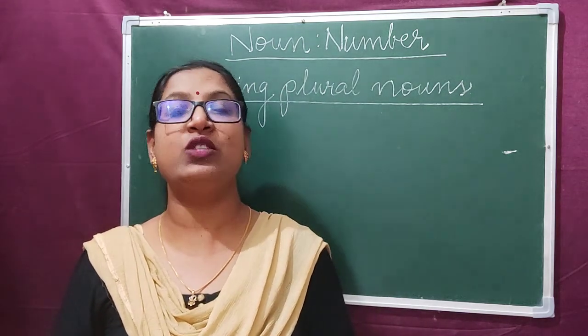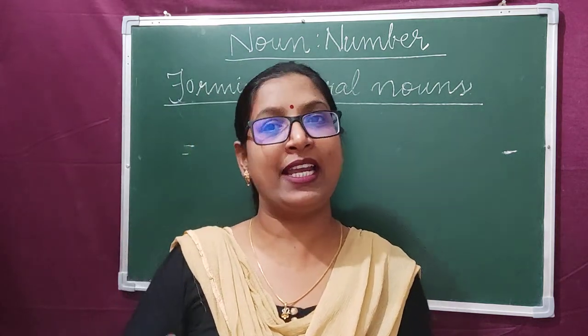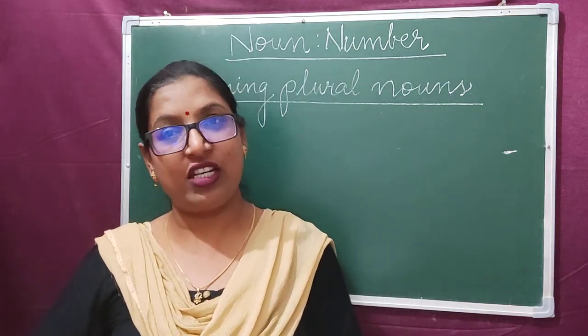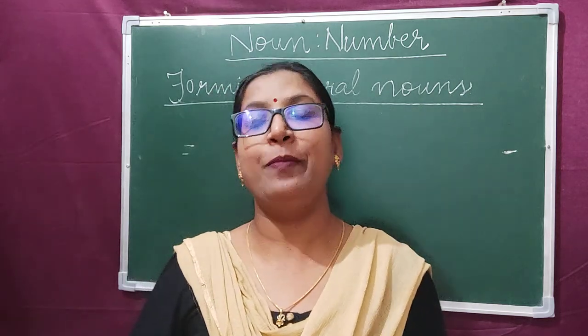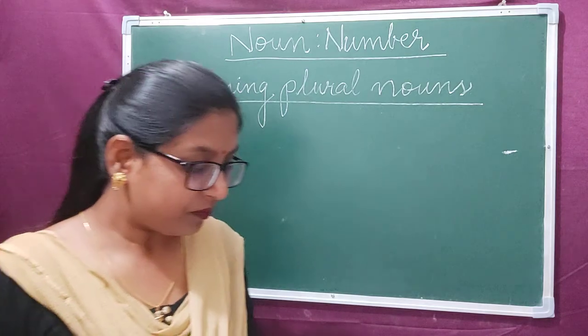And the nouns which do not follow this rule, we do not add s or es, but they are changed into plural form in some different way, are called irregular nouns.